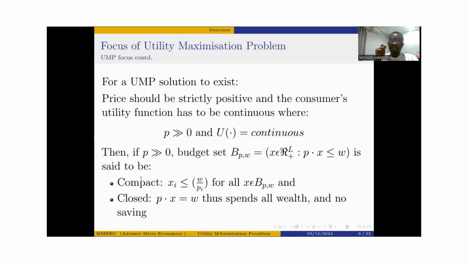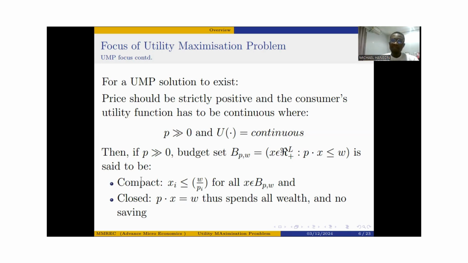And compactness here means that we expect all your expenditure to be affordable, such that any bundle that you want to consume has to be within the budget area. Your expenditure should be within the affordability.